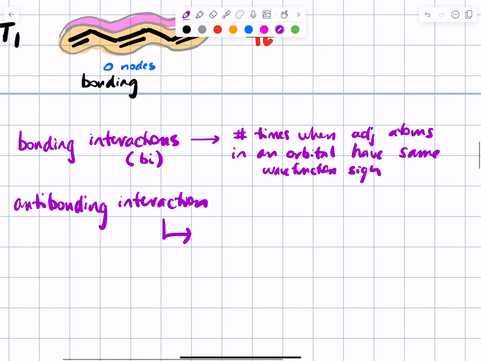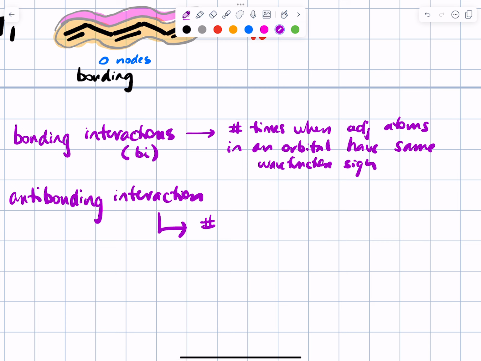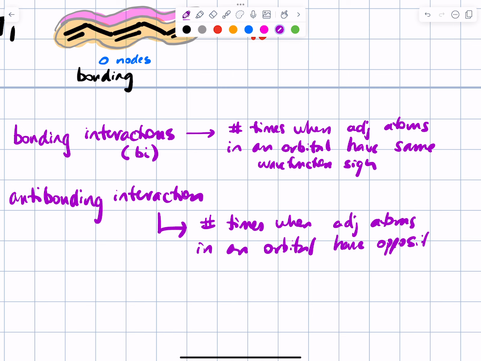In contrast, an anti-bonding interaction is the number of times when adjacent atoms in an orbital have opposite wave function sign. So if you look at two adjacent atoms in an orbital and the color is changed, that is an anti-bonding interaction, which I'll abbreviate as ABI.